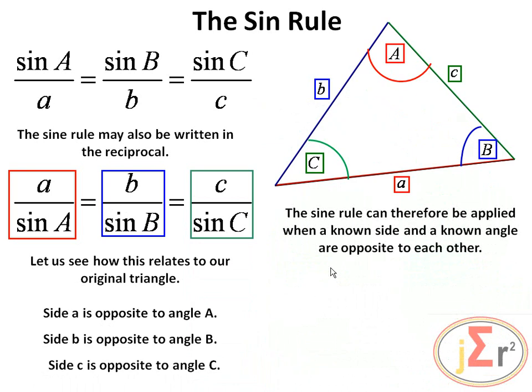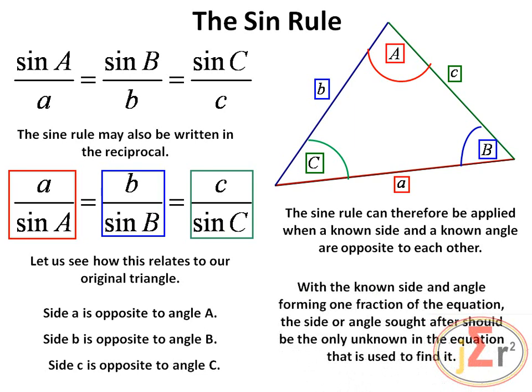The sine rule can therefore be applied when a known side and a known angle are opposite to each other. In any situation where your known side and known angle are opposite to each other, that problem is a candidate for the sine rule. With the known side and angle forming one fraction of the equation, the side or angle sought should be the only unknown in the equation used to find it.